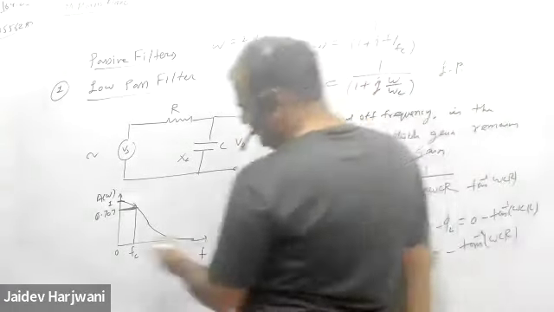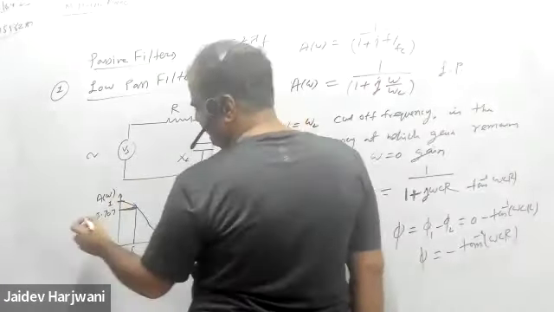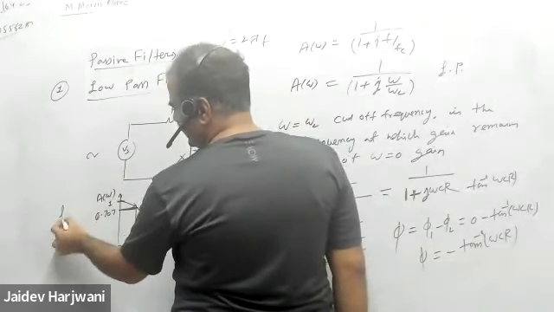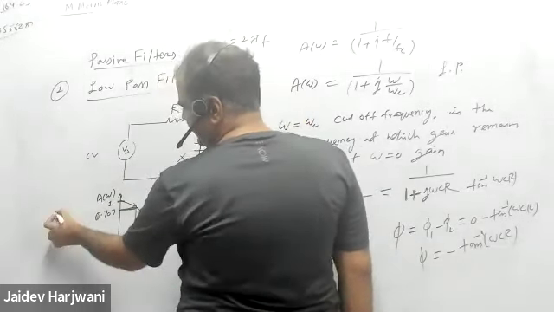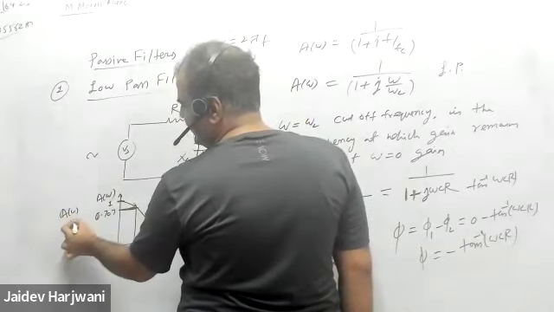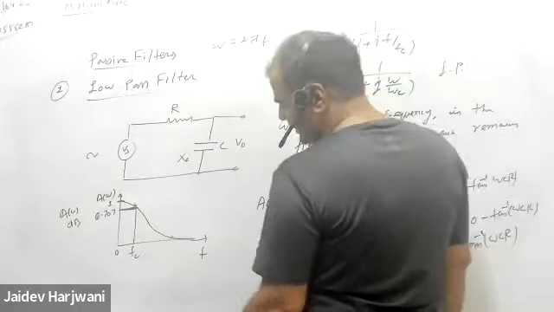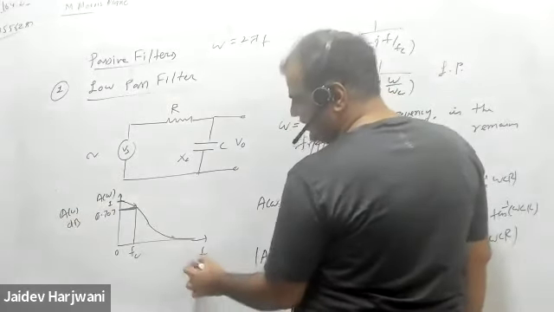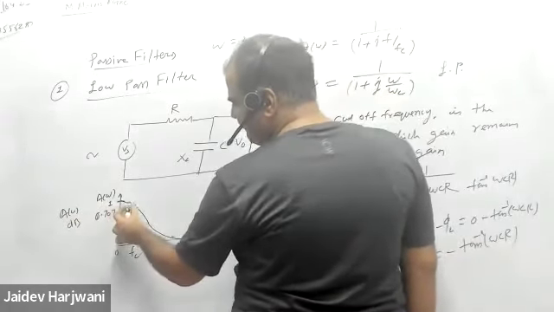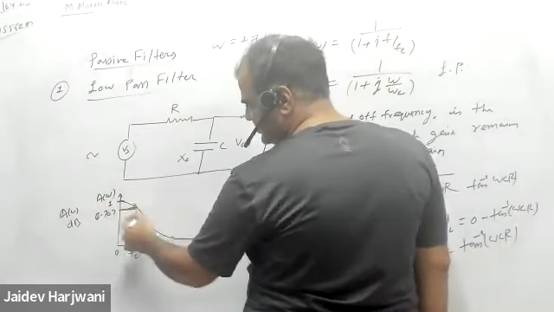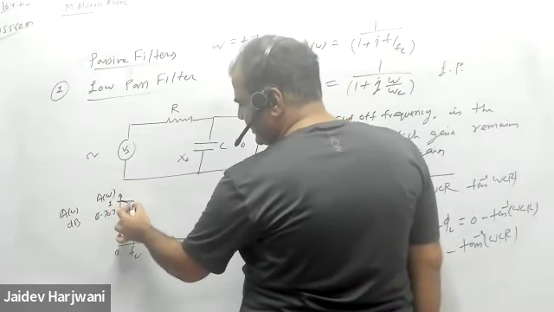Now on the same graph, if I draw it on a logarithmic scale, that means my gain is in dB and the frequency axis is also log of frequency, then this drop will not be as fast. It will be a little slower, and the curve will look like this.